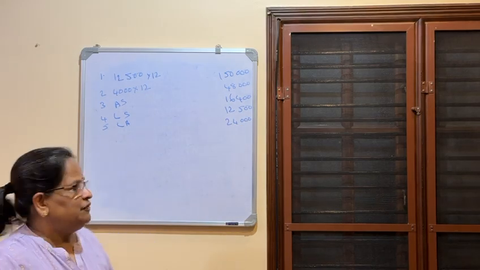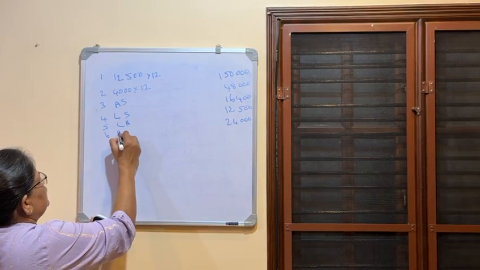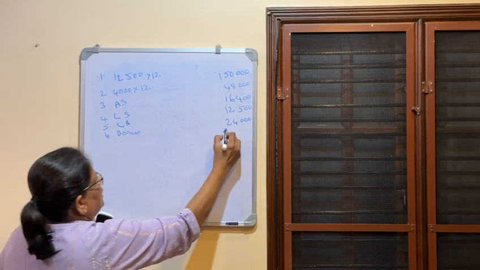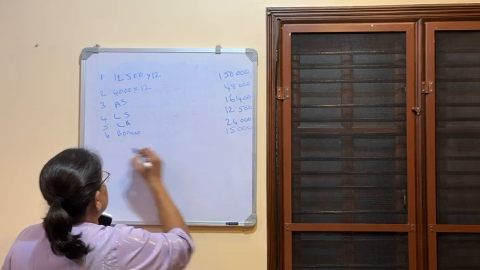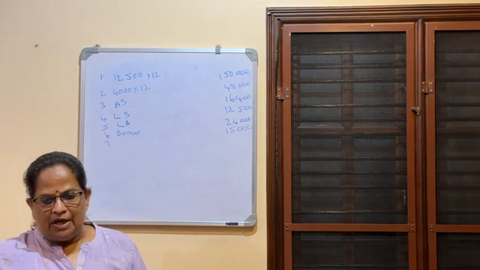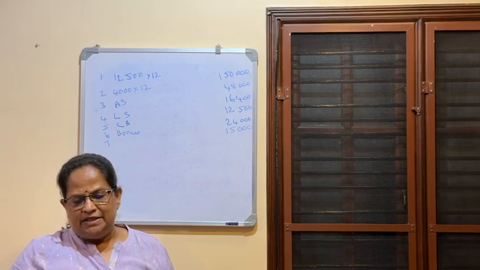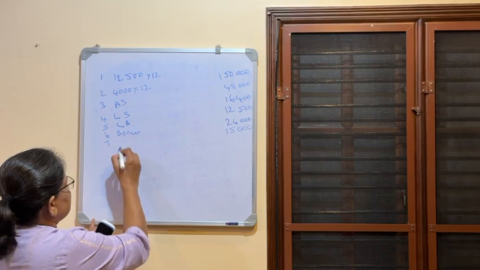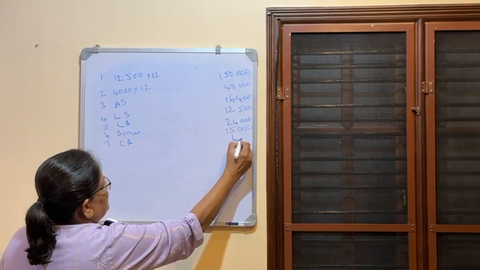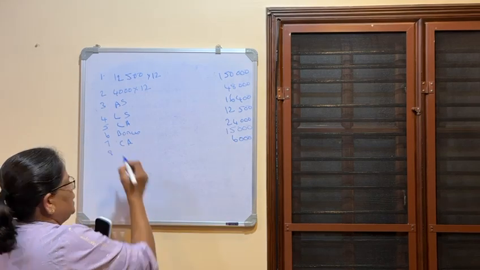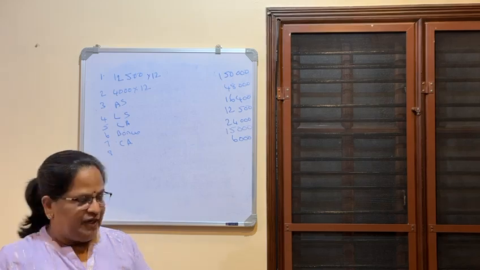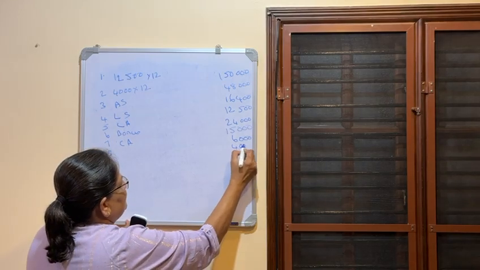Next is bonus 15,000. Next is conveyance allowance. Actually it is 24,000, the amount spent is 18,000, so the balance is the taxable conveyance allowance 6,000. Now next is arrears of DA, fully taxable, 4,000.